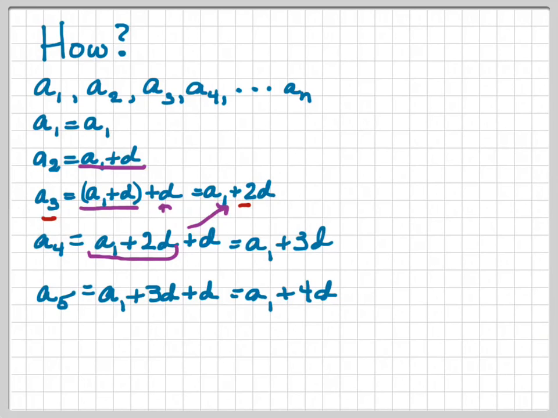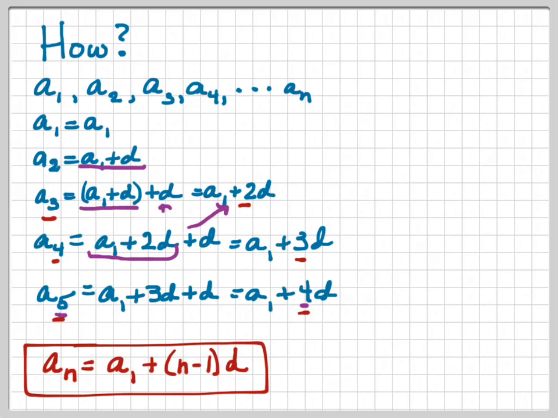So the pattern is, the subscript number is one more than the multiple of d. For the fifth term, we have 4d. So a sub n is going to be the first term plus 1 less than the number of terms we're looking for times d.